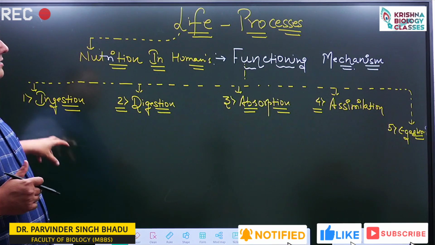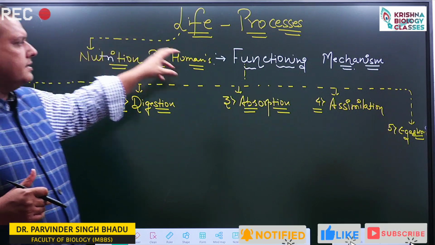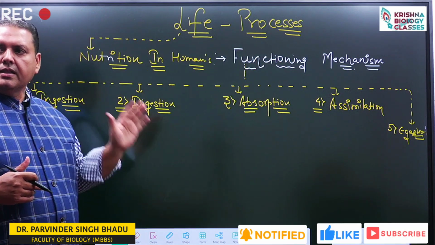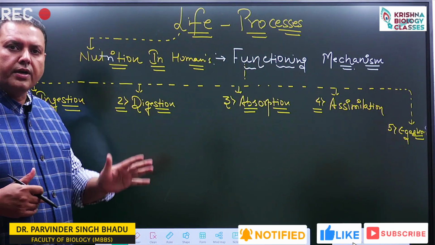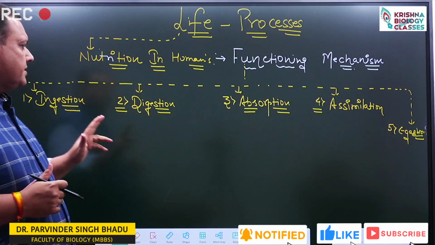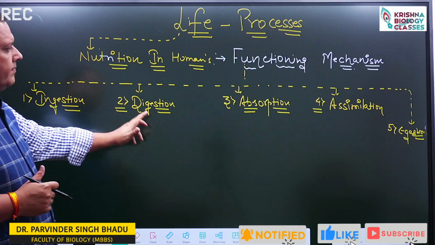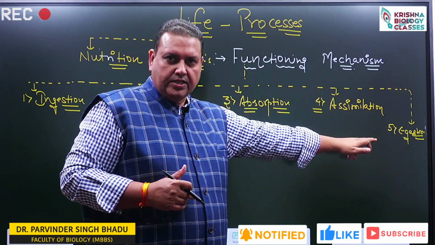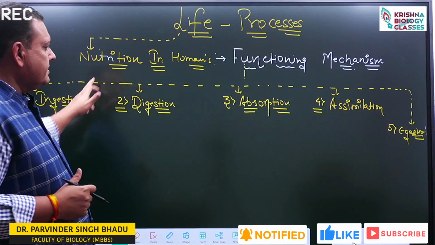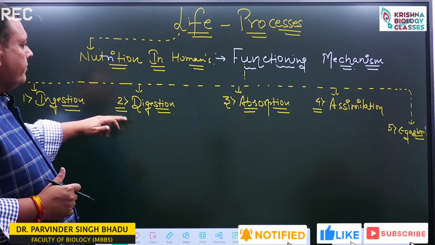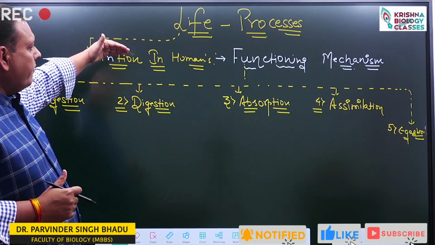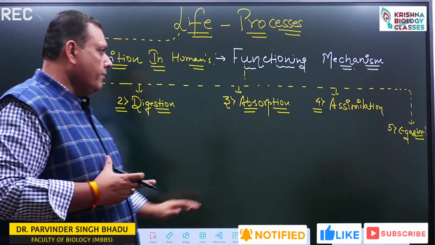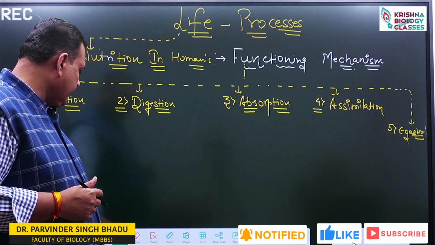In today's class, we are going to discuss the functioning mechanism of nutrition in humans. The process of nutrition gets completed in the following 5 steps: ingestion, digestion, absorption, assimilation, and egestion. From these steps, it is quite clear that digestion is only one part of the process of nutrition. Now we will discuss these processes in detail.